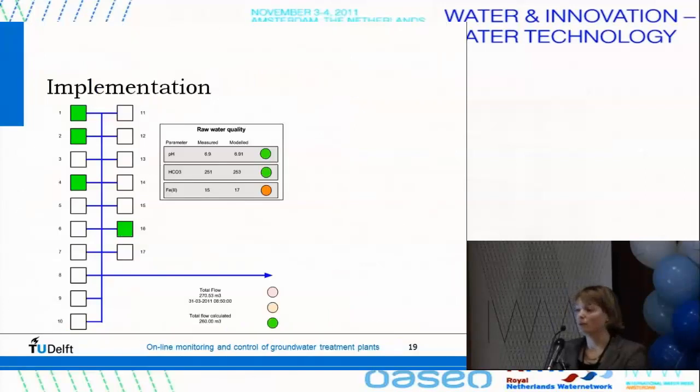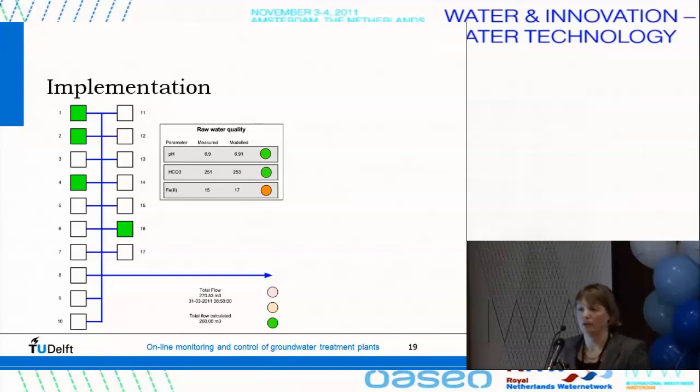And then of course we would like to implement this, because the end goal is that the operator sees what's happening. So what we're trying to do is implement this based on a dashboard system. For instance, here you have the 17 wells, and the green indicates that a well is switched on or off. Besides that, you can say, okay, my water quality, for instance the pH, has been measured, it's been modeled, and this is what we expect it to be.